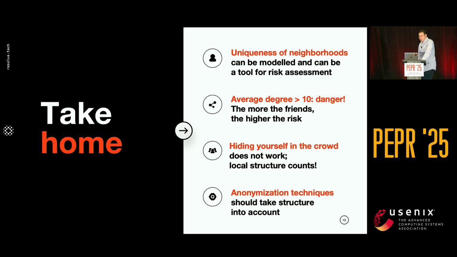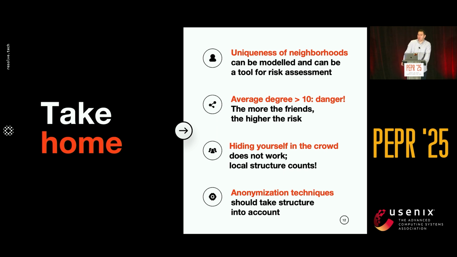So what do we take home? That uniqueness of neighborhoods can be modeled and can be an additional tool for risk assessments. The models do a pretty good job of predicting this uniqueness of neighborhoods. If there is a high average degree, even above 10, you can be in danger, because the more friends you have, the higher the risk. And in real-world social networks, it doesn't work to hide ourselves in the crowd, because what counts is the local structure.